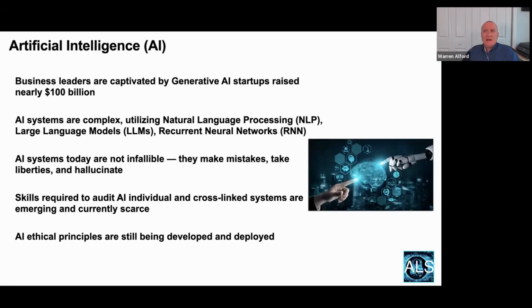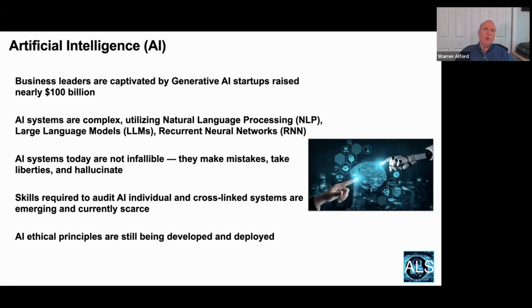So AI is right now the buzz term that's out there. Artificial intelligence. The definition of it is the development of computer systems that can perform tasks typically requiring human intelligence.